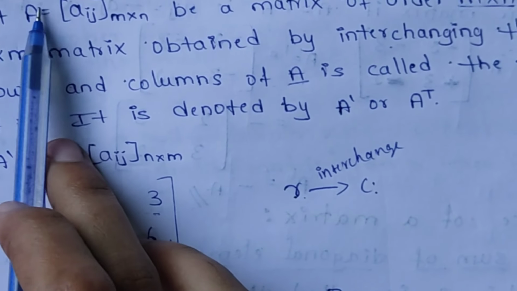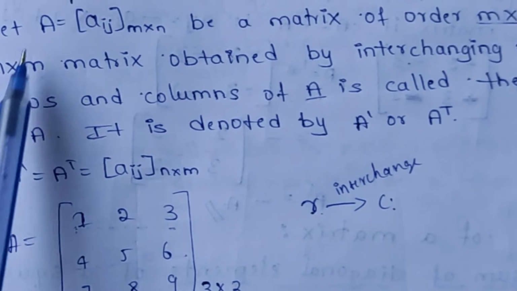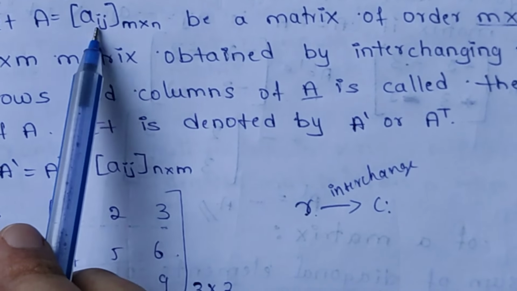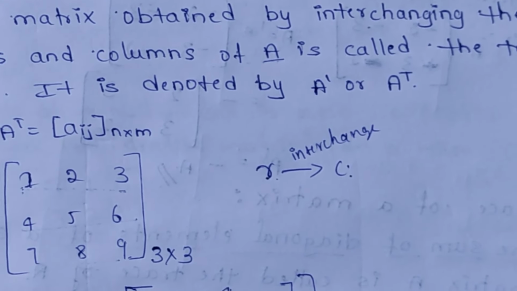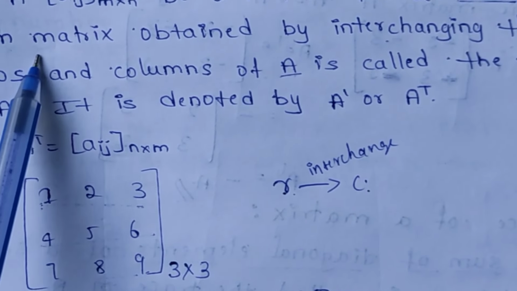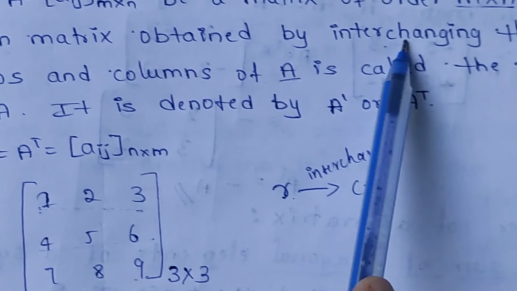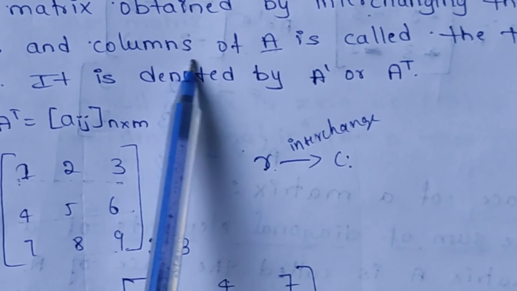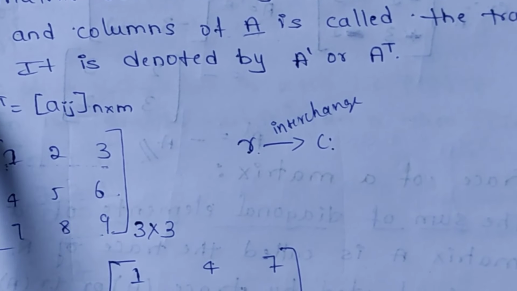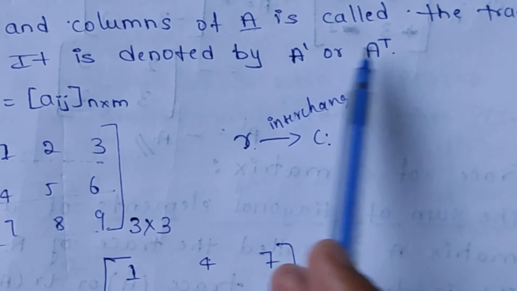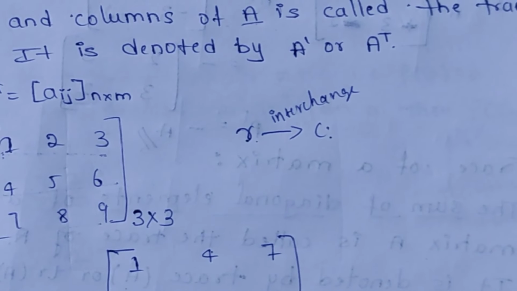So the next topic is the transpose of a matrix. Let A equals Aij be a matrix of order m cross n, then the n cross m matrix obtained by interchanging the rows and columns of A is called the transpose of matrix A. It is denoted by A dash or A to the power t.